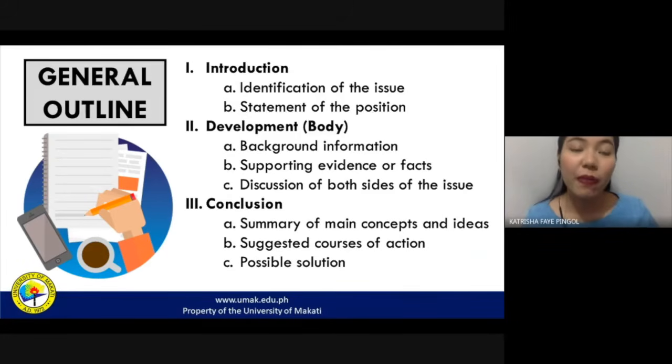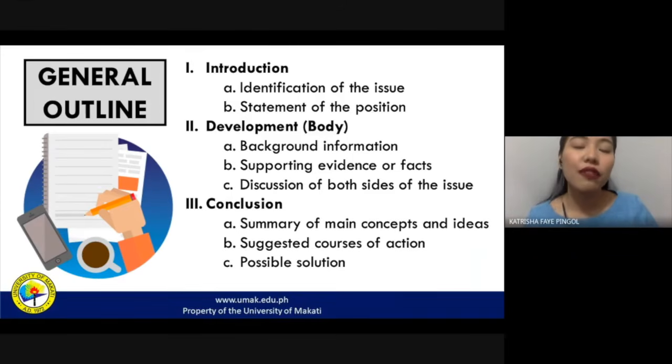The body of your essay could contain multiple paragraphs discussing the different information that you will be presenting, or the different evidence that will be supporting your claim. Okay, so it could contain three or more paragraphs depending on how you will be discussing your essay.